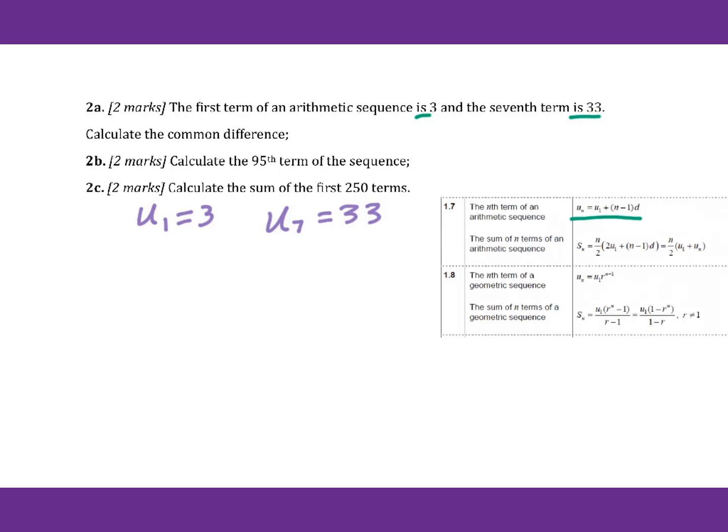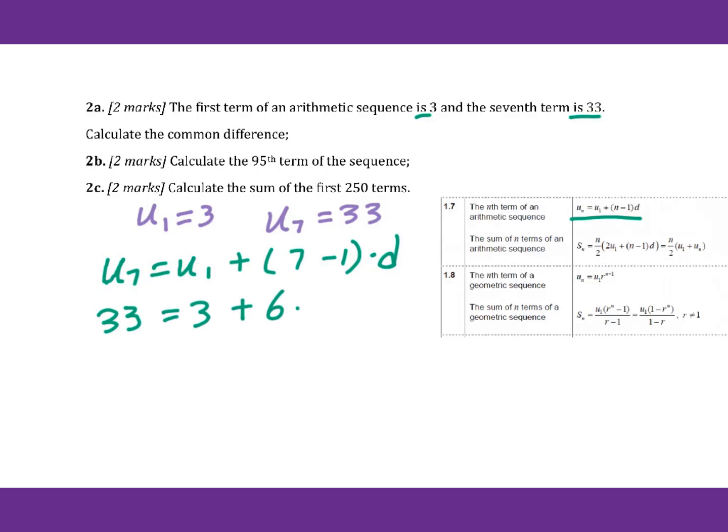According to this formula, for U sub 7, change every single n into 7. You will get U sub 1 plus 7 minus 1 times d. So we plug in 33 equals 3 plus 6 times d. Subtract 3 from both sides. Then divide by 6. You will get 5.